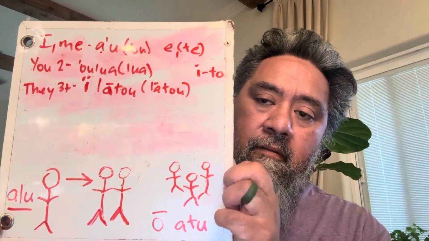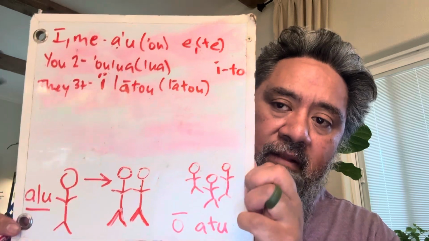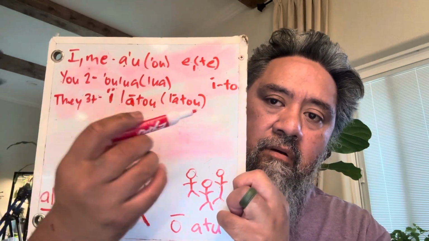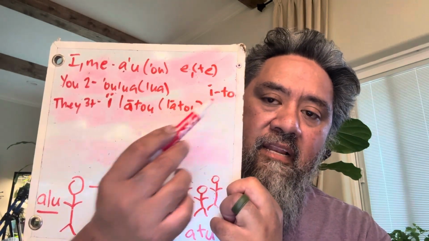You'll see examples of the pronouns being used in sentences, but the pronoun is more informational about what pronoun goes with what group or person. So this is a more in-depth look at the use of pronouns in a sentence. So e, and you use that like to, that's a preposition, right? Preposition to.